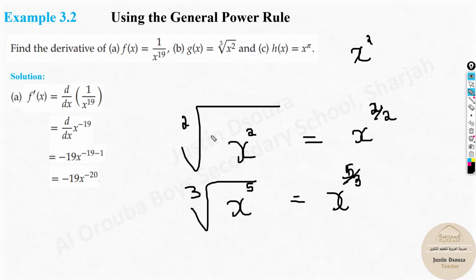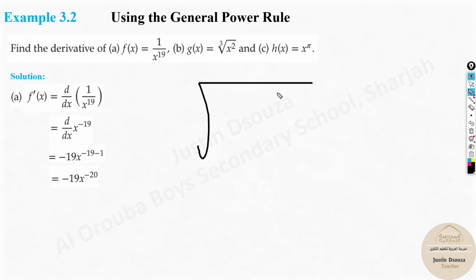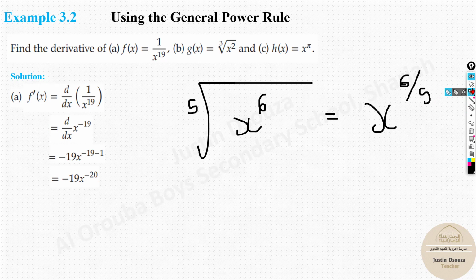So always remember, what is outside the radical goes below, and whatever is inside, the variable's power, remains as it is. So this is how we can solve it. Now if you have, say, 5 and x to the power 6, it is going to be x to the power 6 by 5. So this is how you solve it.